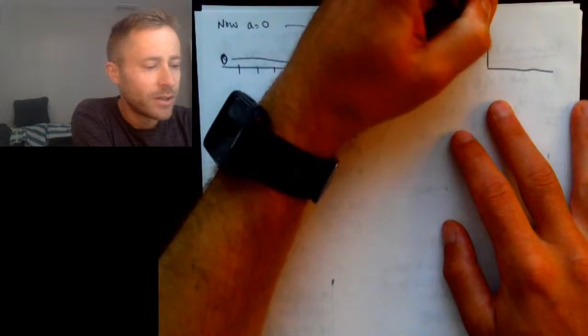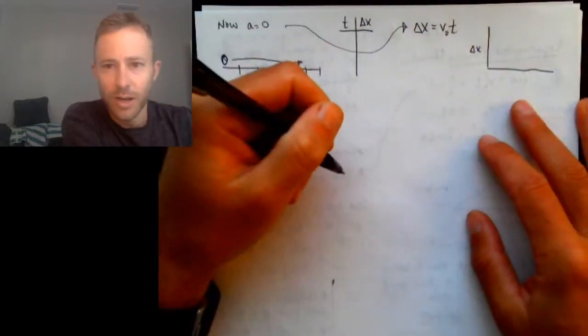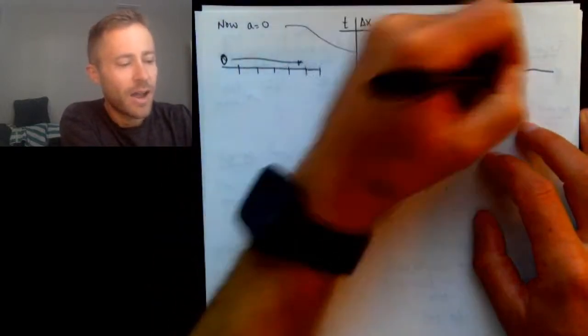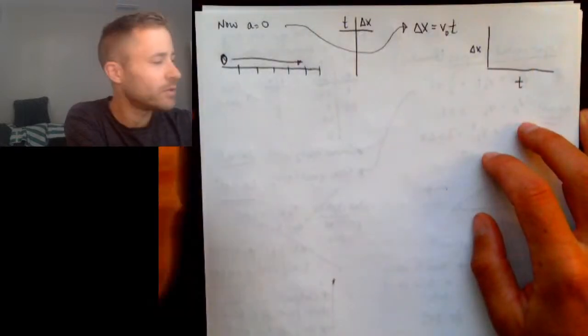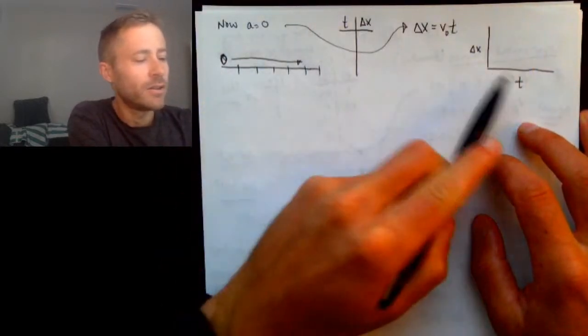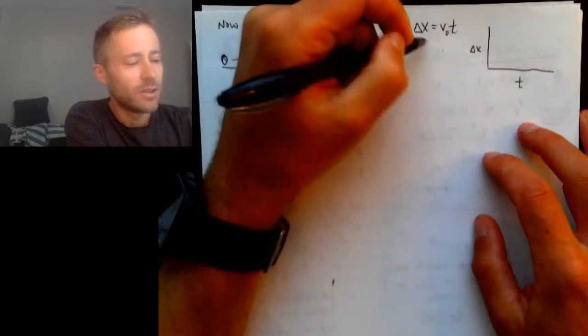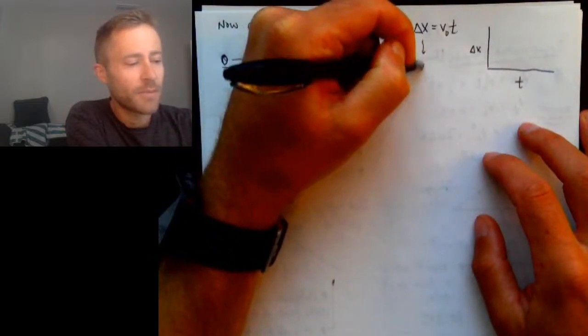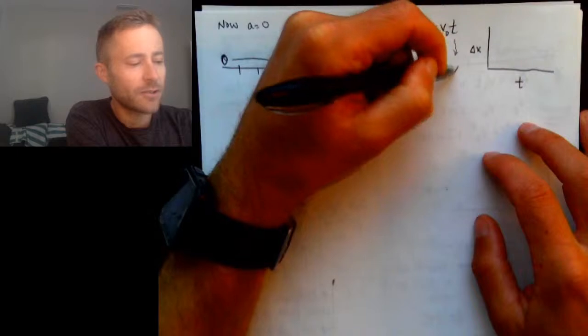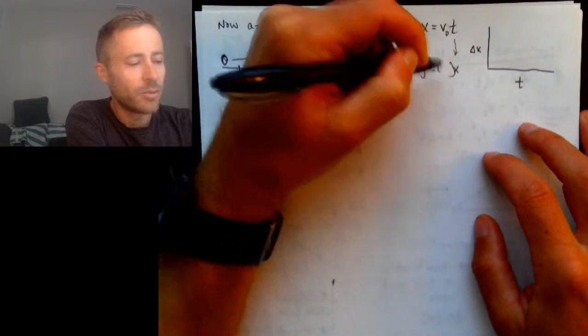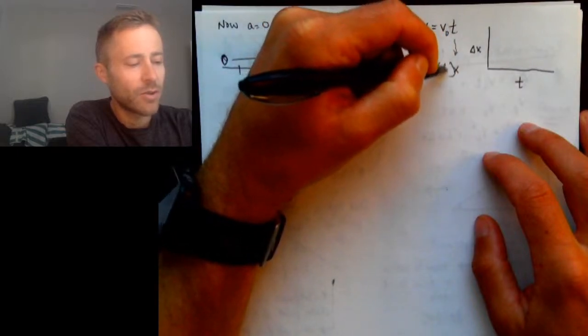If I put delta x on the vertical axis and just time, not time squared, on the horizontal axis, then delta x is acting like y, time is acting like x, and the number that multiplies x is acting like slope.